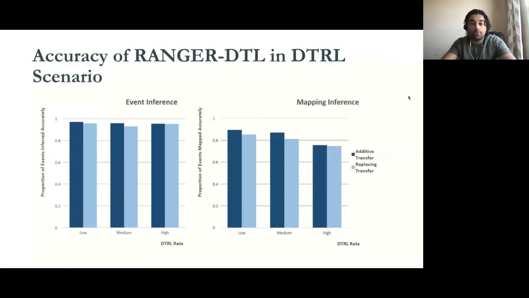So this is, I guess, in one way, a nice validation of the fact that we can pick up these different evolutionary events, even in the presence of these different transfer events, without specifically modeling these differences in replacing and additive transfers, which this simulation framework allows us to do by providing, in a way, this ground truth in these simulated species and gene trees.